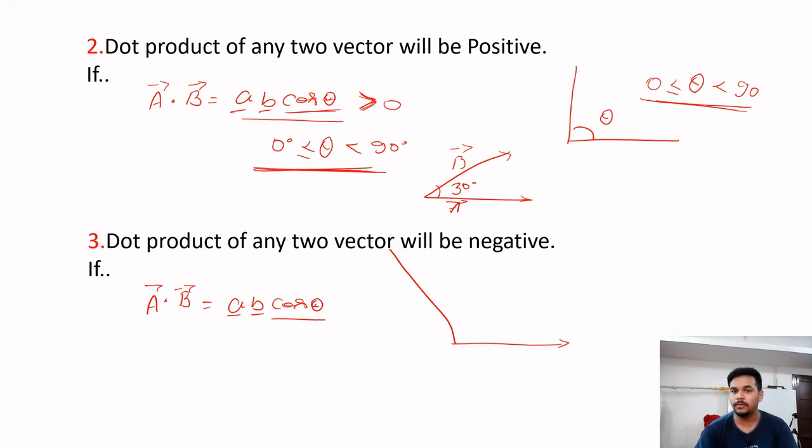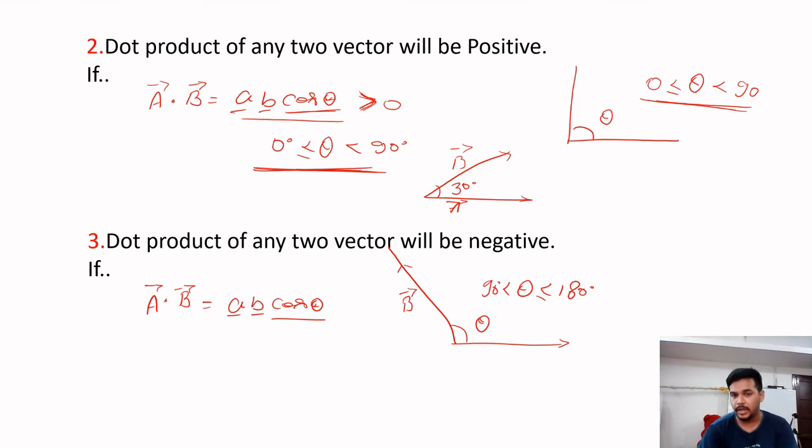When the angle between them, sorry, let me say this is vector b, and this theta is the angle between them, theta must be greater than 90 degrees, because at 90 it will become 0, and less than or equal to 180 degrees. We know cos 180 degrees is minus 1.